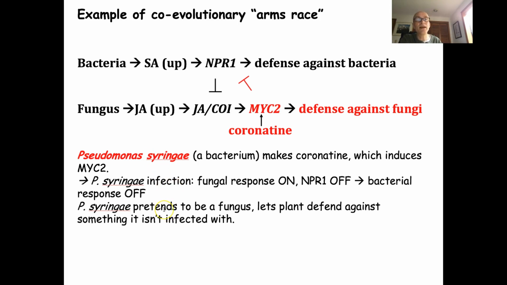So that way you have this coevolutionary tit for tat where something gets evolved and then is very effective in allowing this particular pathogen to invade the plant and take advantage of it.